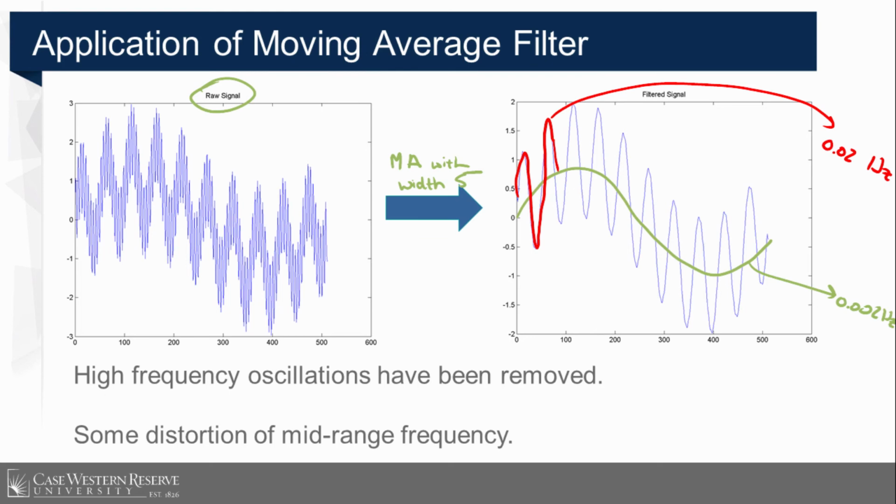But most importantly, we have these very high frequency oscillations in our raw signal, which are completely gone from our filtered signal. So this high frequency portion at 0.2 hertz, that has been completely eliminated by our moving average filter, which is exactly what we would have predicted by looking at the frequency response of this filter in the frequency domain.